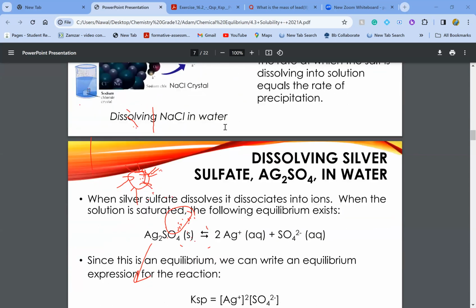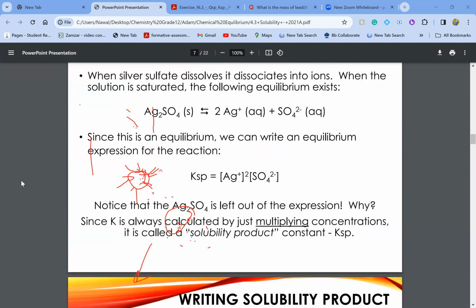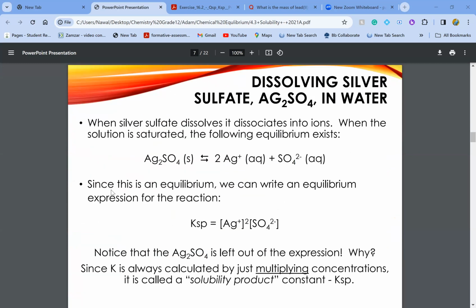Please read them. What is this about? This is dissolving silver in water. Always be careful when we are getting examples. He has to say in water.